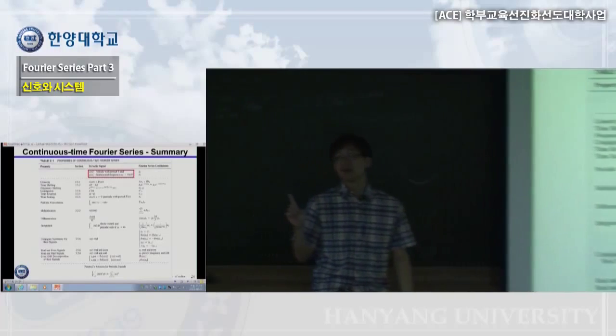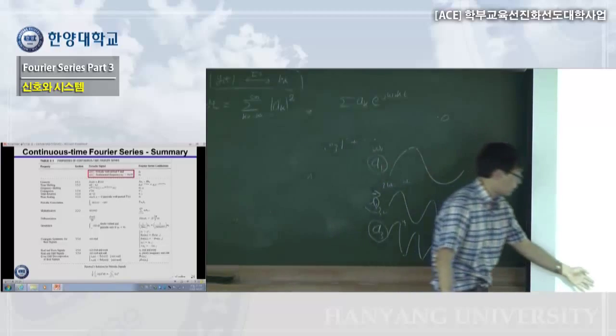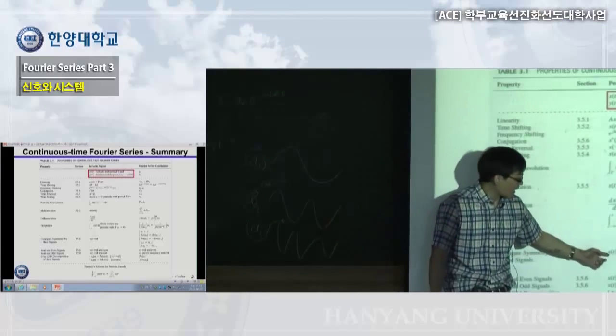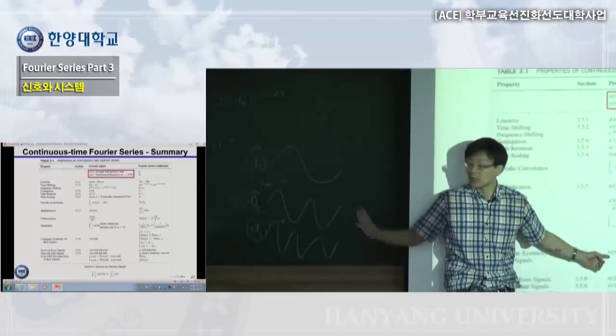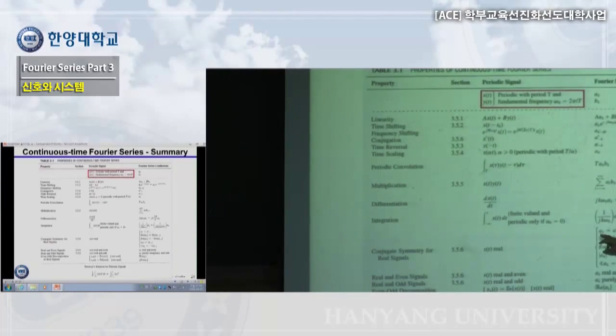One of you asked me what happened to the even function, and why we have the odd function. Here's the property. In the special case when x(t) is real, we learn that a_k equals a star of minus k. If x is real and even, then a_k will be real and even. When x(t) is real and odd, then a_k is purely imaginary and odd.